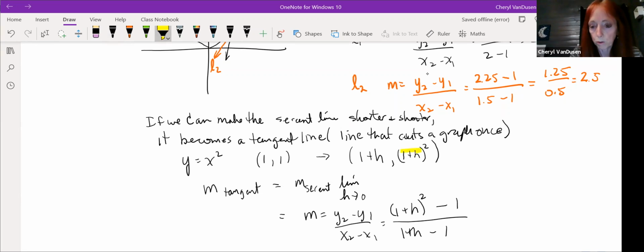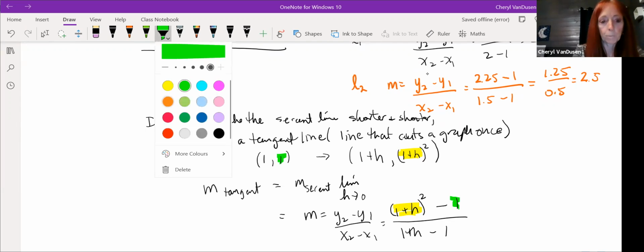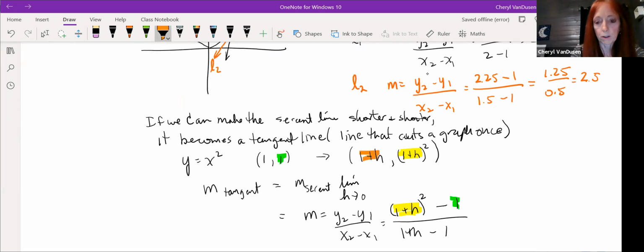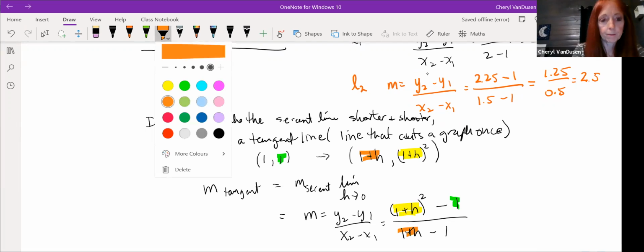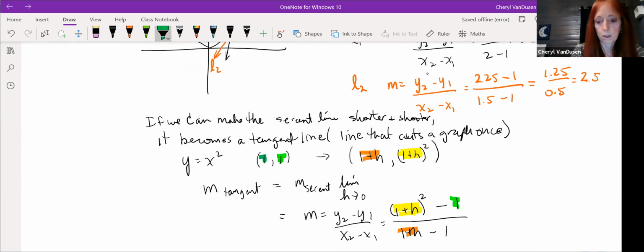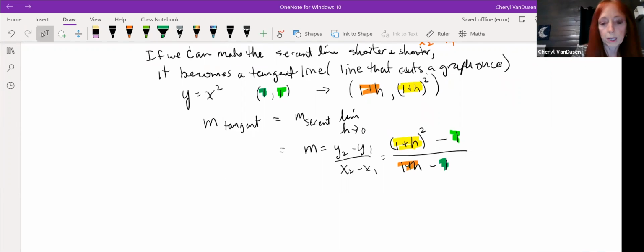This is our y2. This is our y1. This is our x2. I'm doing this in green. This is our x1. So to find the slope of the tangent line, we want to find the limit as h goes to 0 of this function.